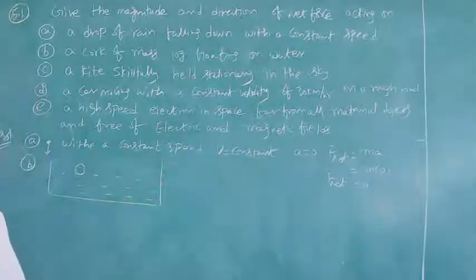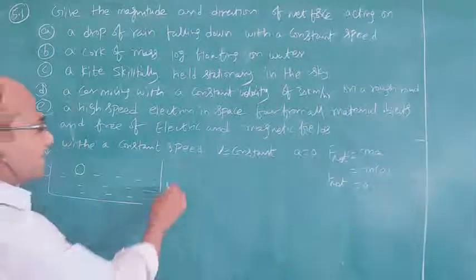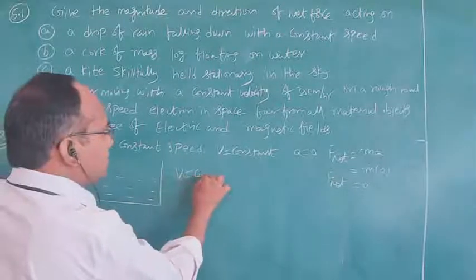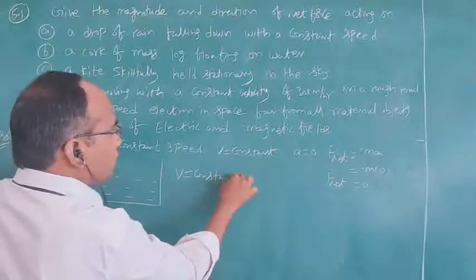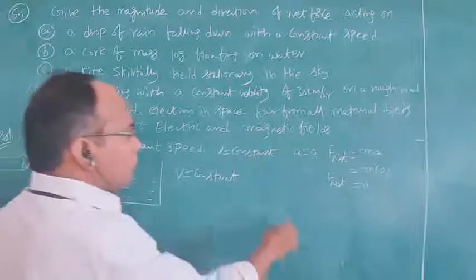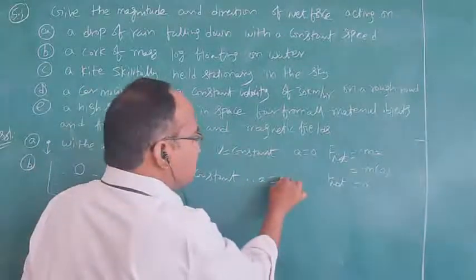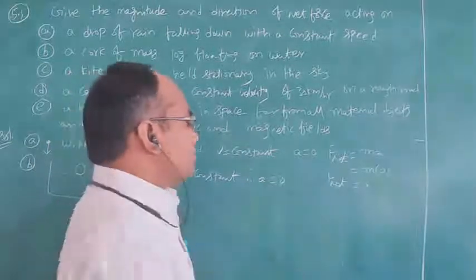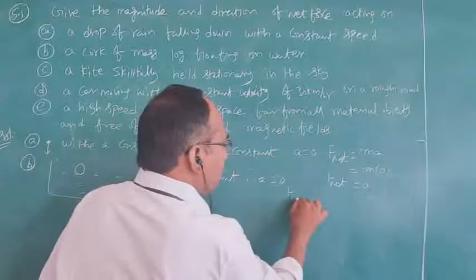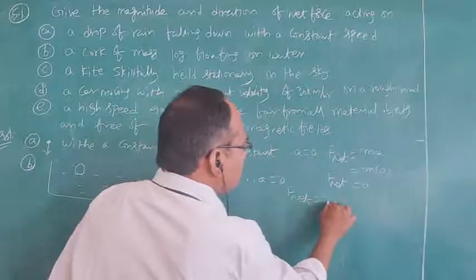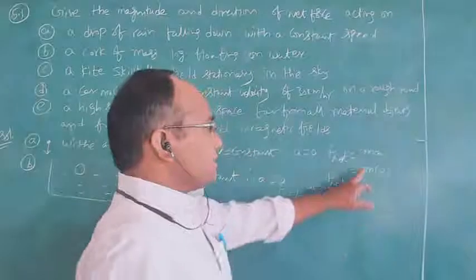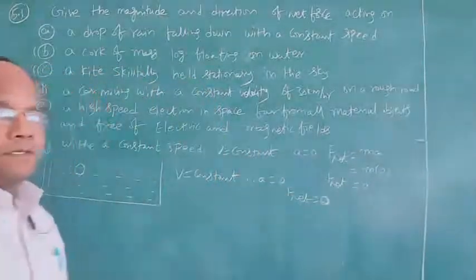What is the meaning of this? It is moving with a constant velocity, nothing but constant speed. So V is constant. Therefore acceleration is 0. Acceleration 0 means net force is also 0. Same step: m into 0 is 0.